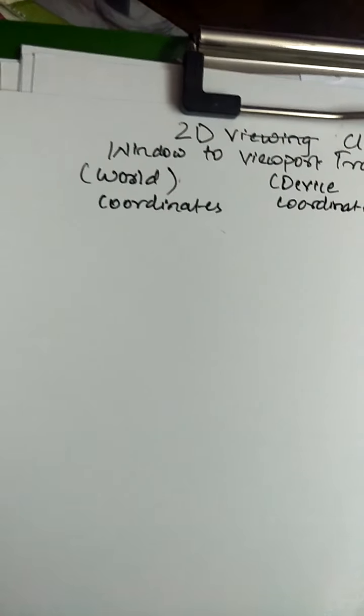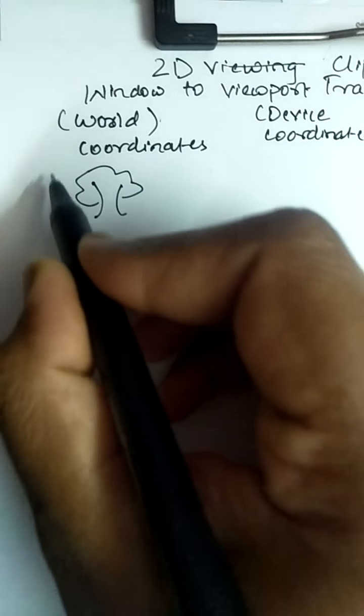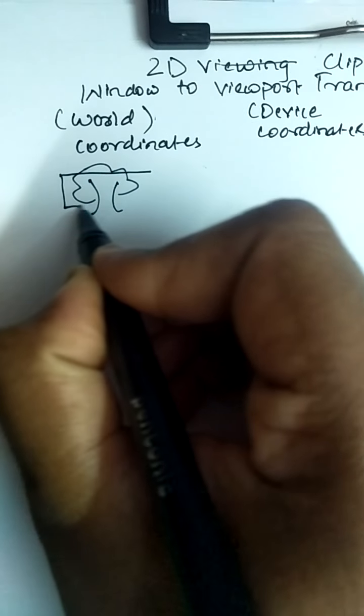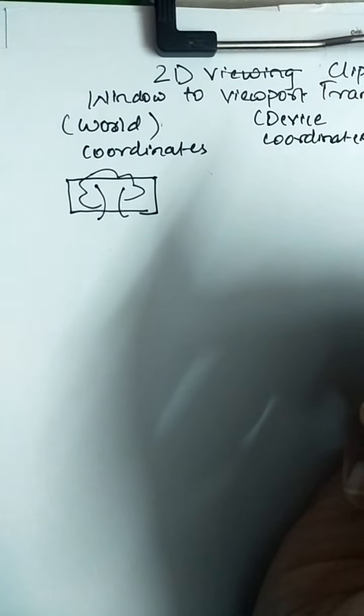How do we make it? What do you mean by world coordinates? Assume I have a scenery here, something, a tree. I don't want to display the whole content. I want only this portion of the tree to be displayed.